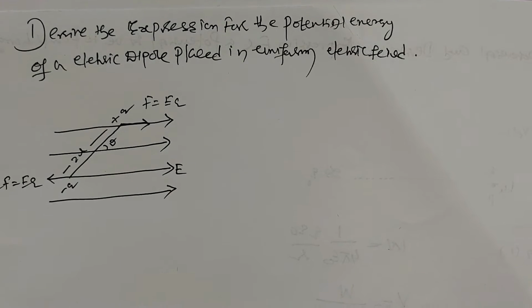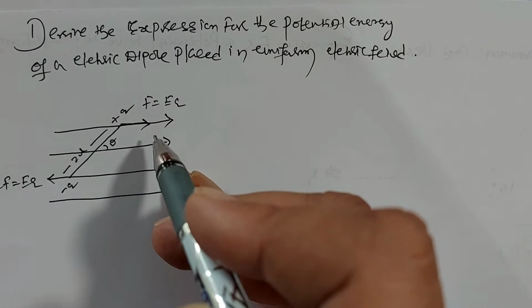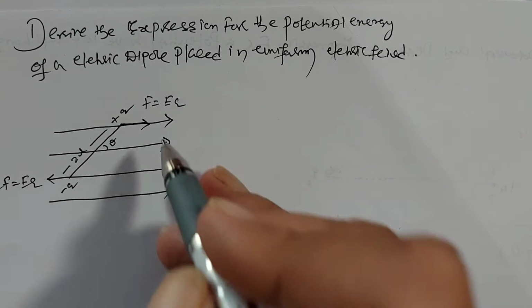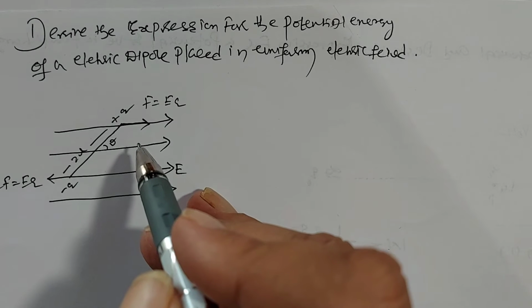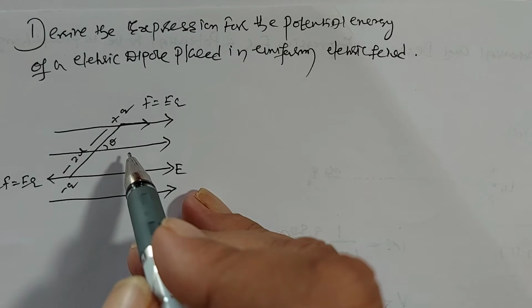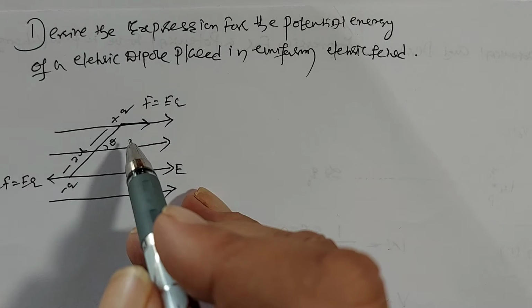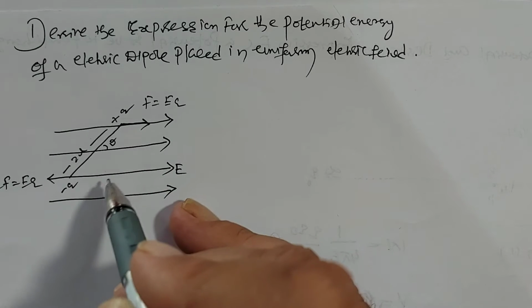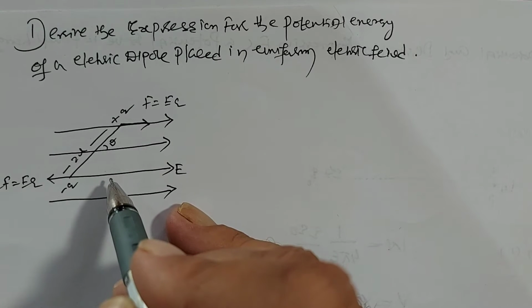Right. That means these two forces act on the dipole in different directions, and they do not act on the same line. So these two forces produce a torque on the dipole.